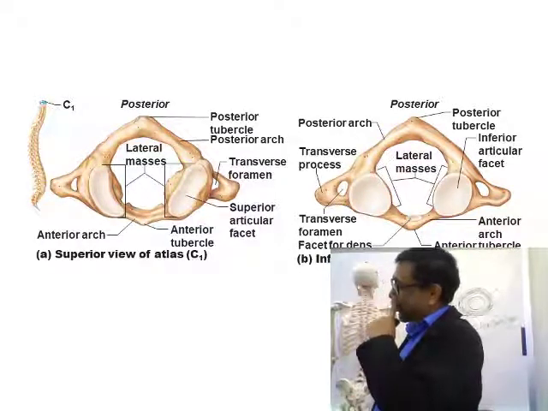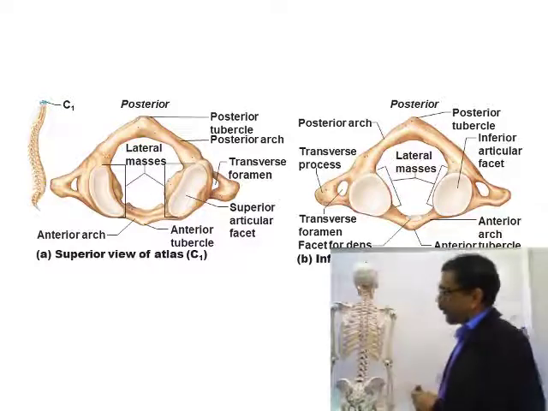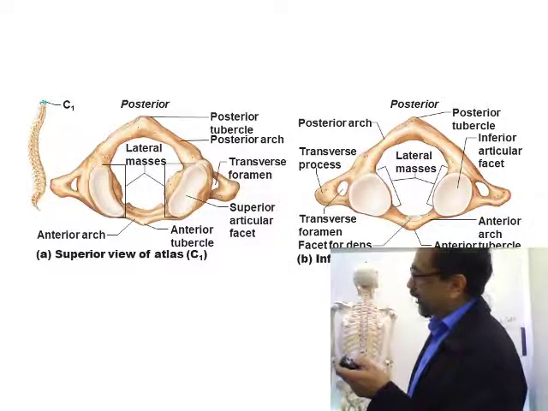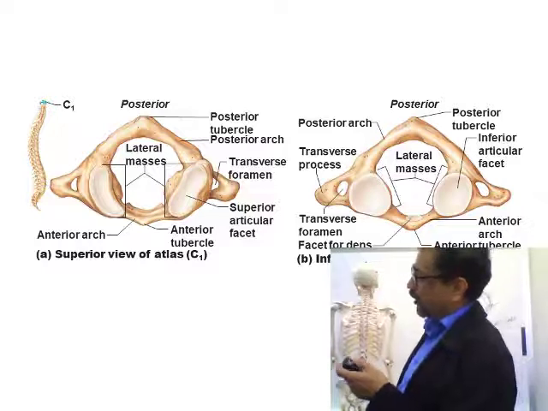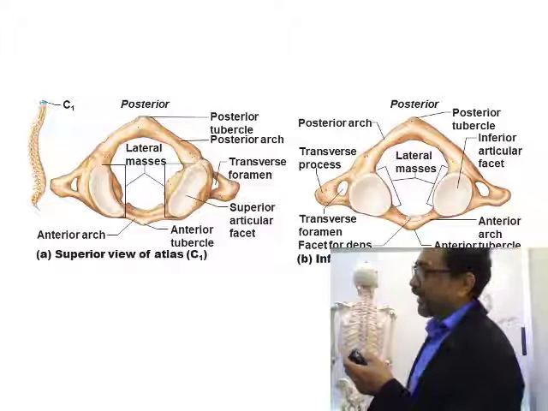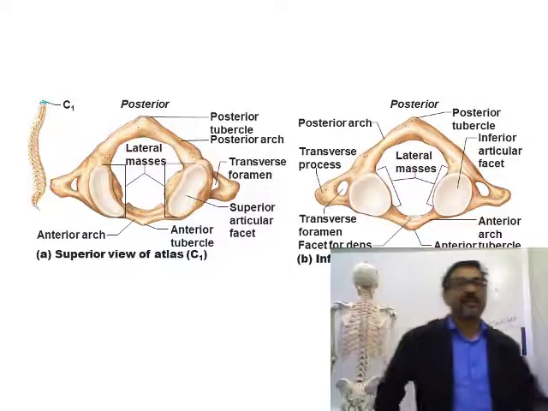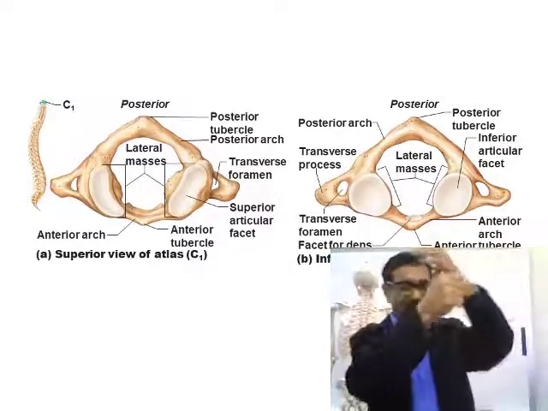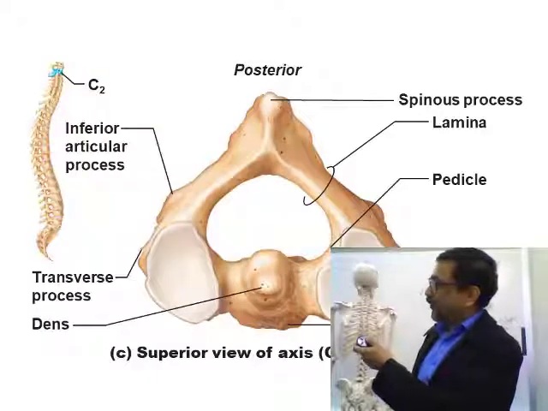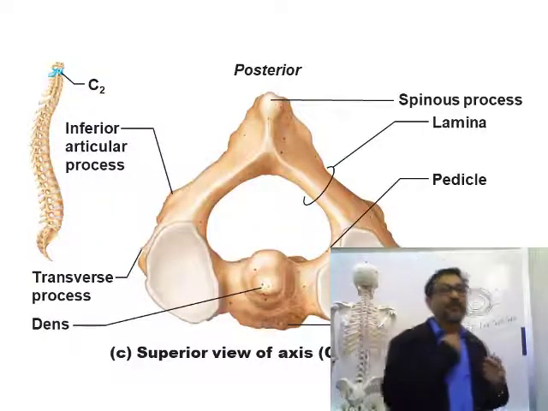Another thing, just notice, I'll talk about this later. You see, in the anterior arch, on the inner side of the anterior arch, you have a facet for the dens. That means this part gets attached to the dens. So we'll see what the dens is. If you see C2, you see here, this is C2.